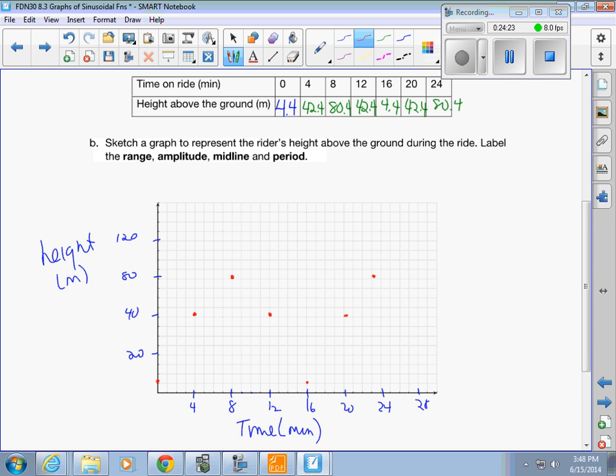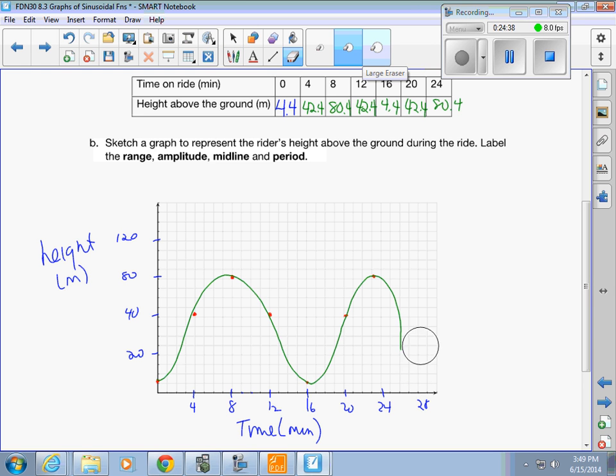Okay, so our graph then, connect our dots. Oh, I kept going. I guess I didn't have to go quite so far. Okay. So our range is equal to our maximum minus our minimum.